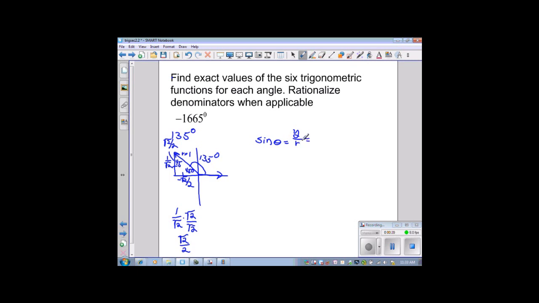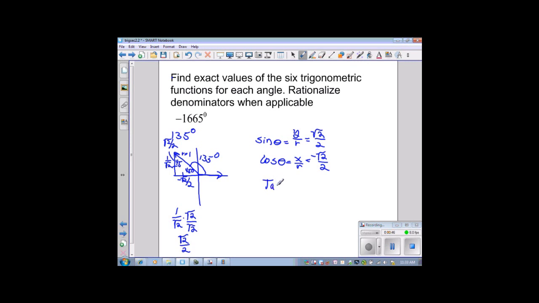But since we have r equal to 1, actually sine theta is just going to be our value for y, which is going to be the square root of 2 over 2. Cosine theta is going to be x over r. And again, since we set r equal to 1, our value for cosine theta is just x, which equals the negative square root of 2 over 2.